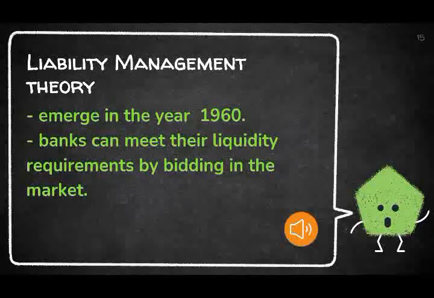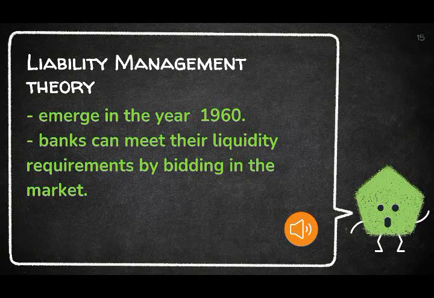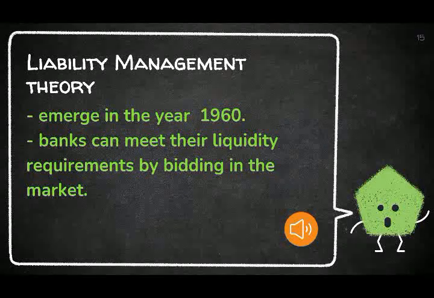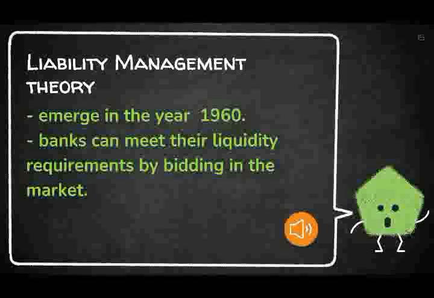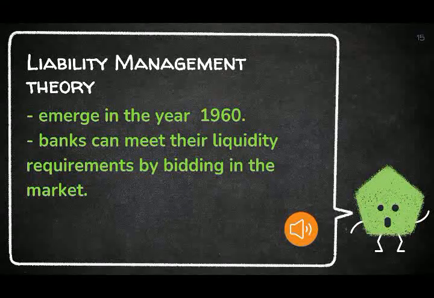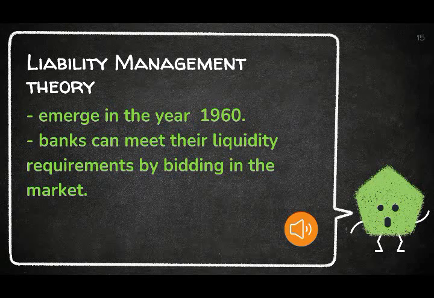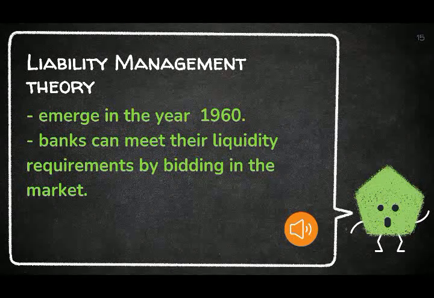Liability management theory. This theory is one of the important liquidity management theories that emerged in the year 1960. The liability management theory holds that banks can meet their liquidity requirements by bidding in the market for additional funds to meet loan demand and deposit withdrawal.